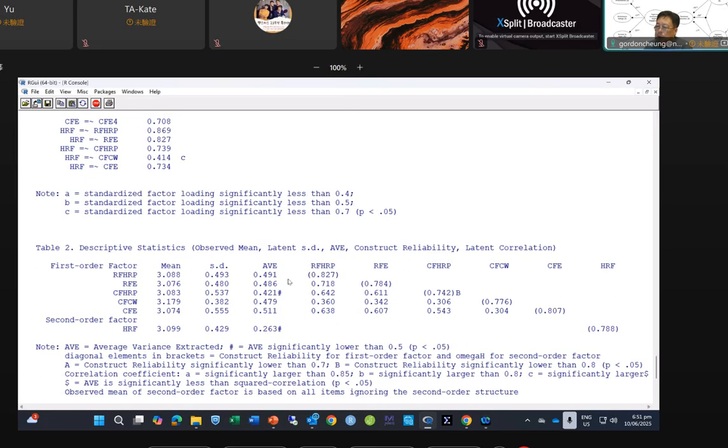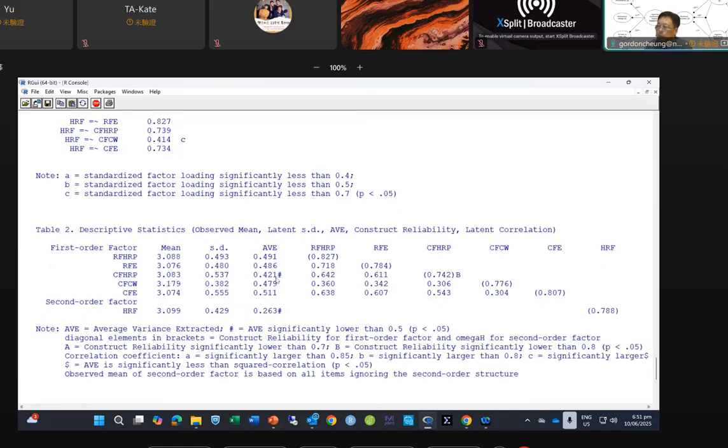But if we look at the AVE, this is the problem. For AVE, the third variable, the AVE is 0.421 and it is significantly lower than 0.5. It is a major concern. That means we do not have convergent validity for this dimension, CFHRP.